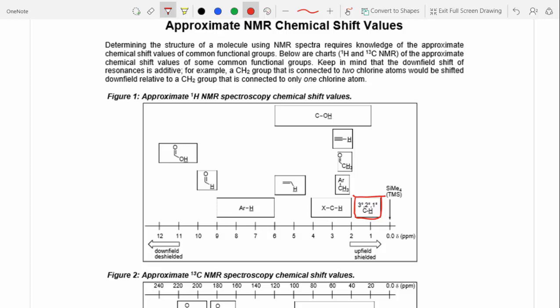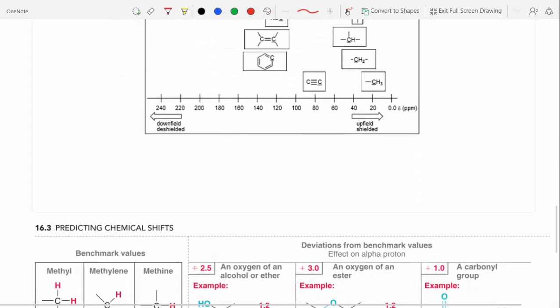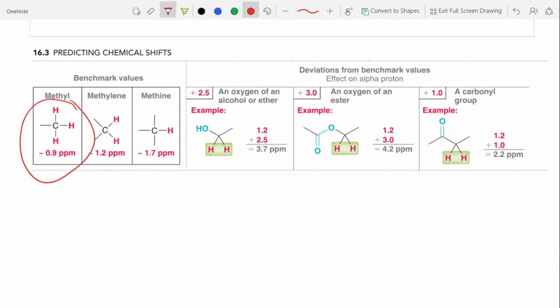If you want to be even more precise, you can go in the Klein textbook at the end of the chapter, and he's got this predicting chemical shift table, right? And in this table, he says that methyl protons show up at 0.9 ppm. So he's being a lot more precise with his estimation.